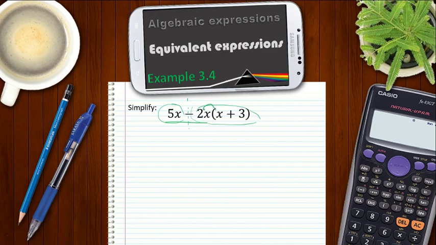So we're going to put the 2 into the bracket. So this is then 5x. Now this becomes minus 2x squared minus 6x. And then my like terms are this one, which is minus 2x squared. 5x minus 6x gives me negative x.